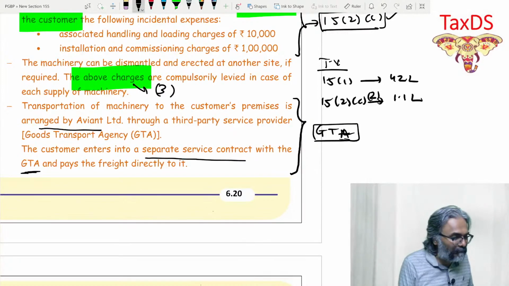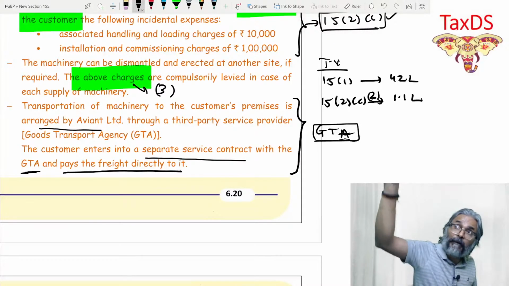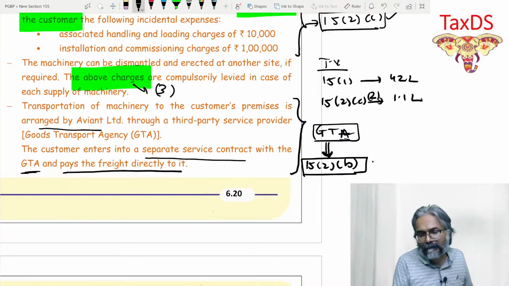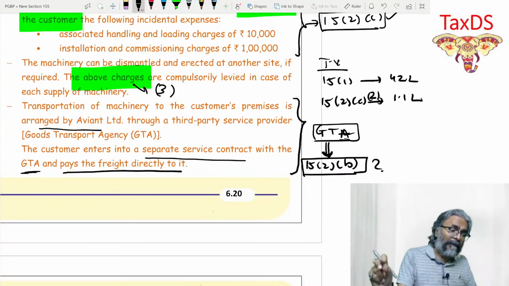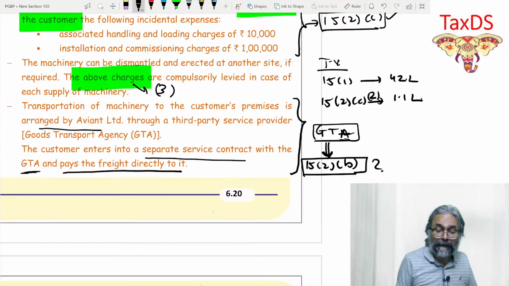With the customer. And if they have done the contract, the freight will be paid by whom? By the customer. So tell me one thing, was I liable? Can 15.2b be applied over here?